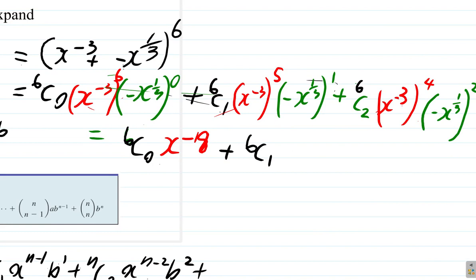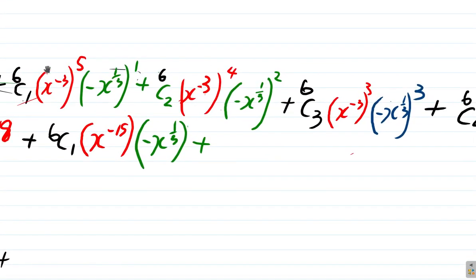Alright, so what we have here is negative 3 times 5. So it's x to the negative 15. And then the negative x to the 1/3 to the power of 1 is just negative x to the 1/3. Alright? Plus, you have 6C2.